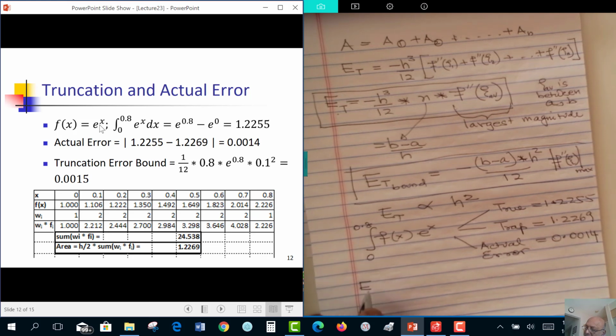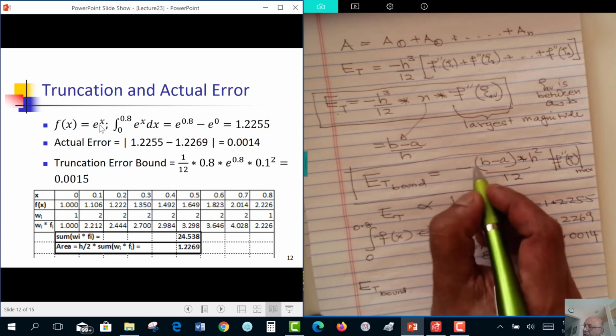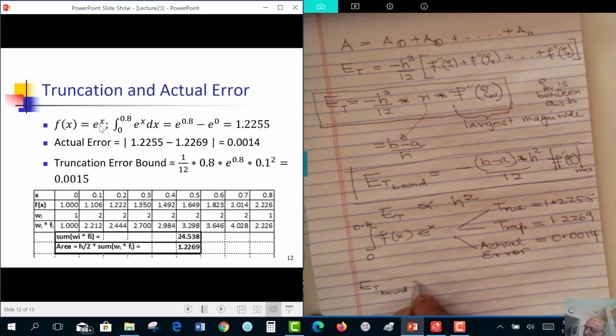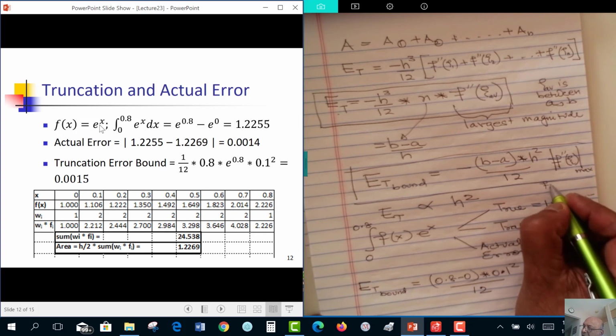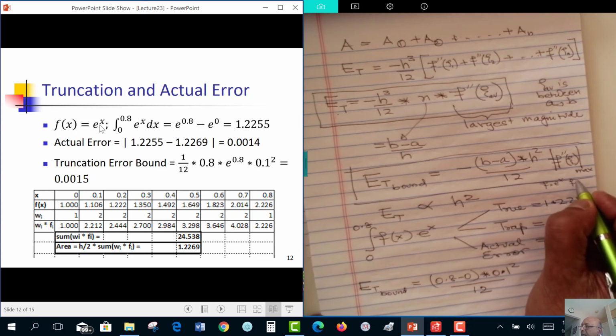So our truncation error bound would be, we throw out the minus sign, so we'll have 0.8 minus 0 times h square, 0.1 square, over 12. And now notice, if the function is e to the x, the function prime would be e to the x, the function double prime would be e to the x.